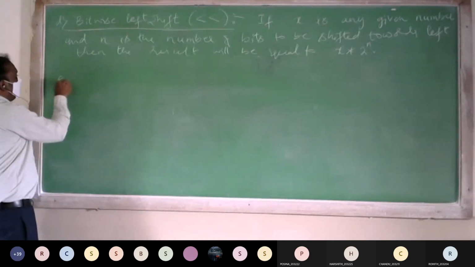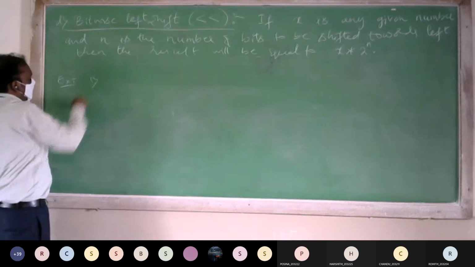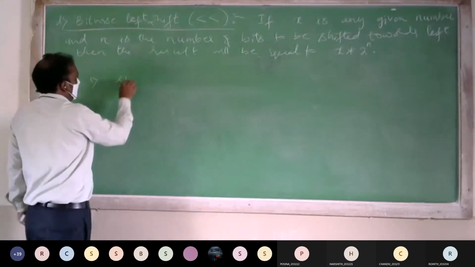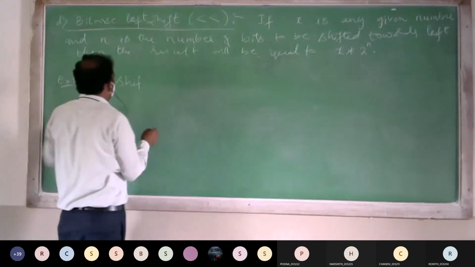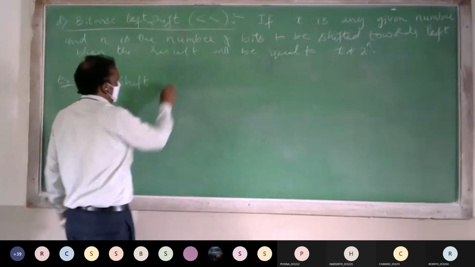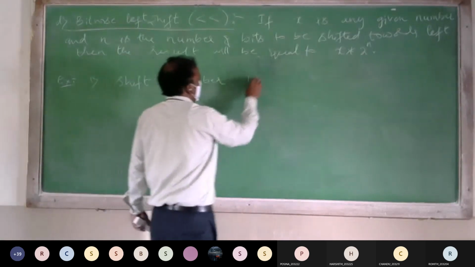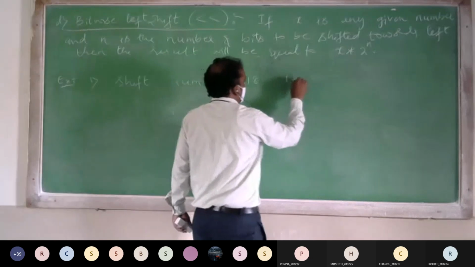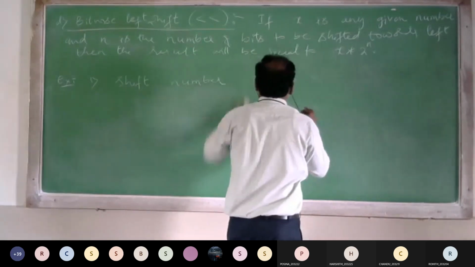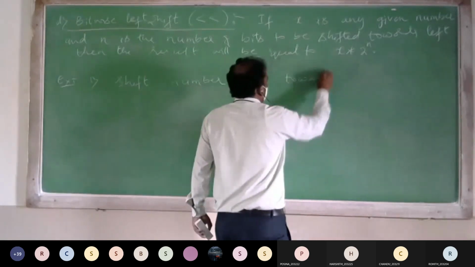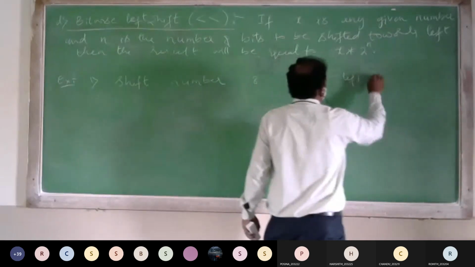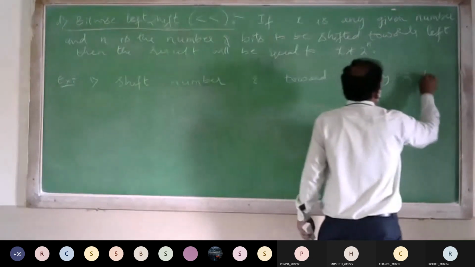Now, example 1. Shift number 8 towards left by 2 bits.